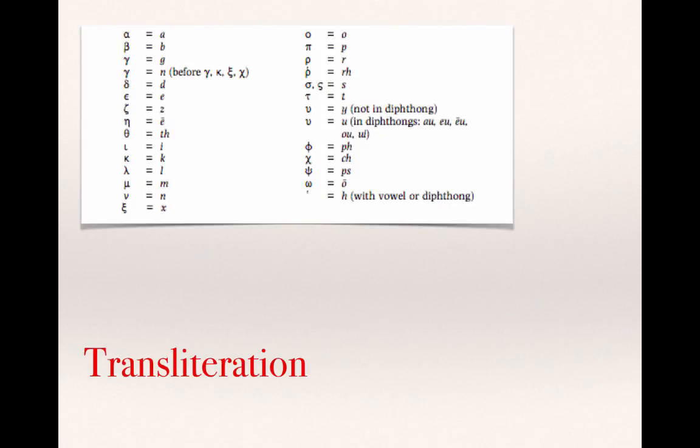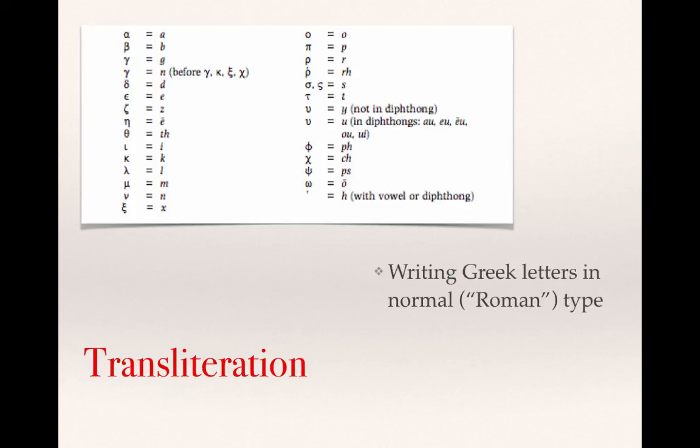Next, Croy mentions transliteration, and he actually never defines it. So it's simply writing Greek letters in normal or Roman type. And so in the image above, this is sort of the standard way for transliterating Greek. It's pretty self-explanatory, but the reason I'm telling you that is there are some commentaries that will use transliterated words rather than Greek words.